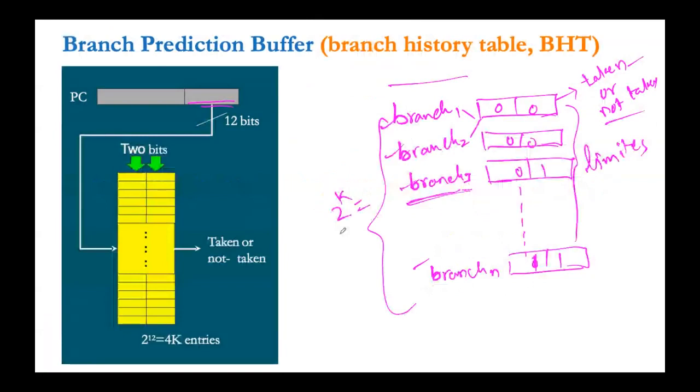The hardware will maintain this, so we have seen the history of this one. Okay. So this kind of question will be expected from this point of view. I hope it is very clear. This branch prediction buffer is very clear.